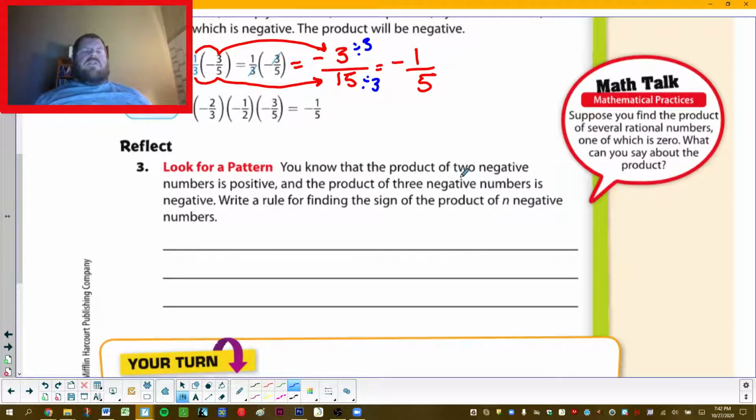What do we call the difference between 2 numbers and 3 numbers? Okay. Well, 2 numbers is even. 3 numbers is odd. Okay. So our rule would be based on whether n is even or odd.